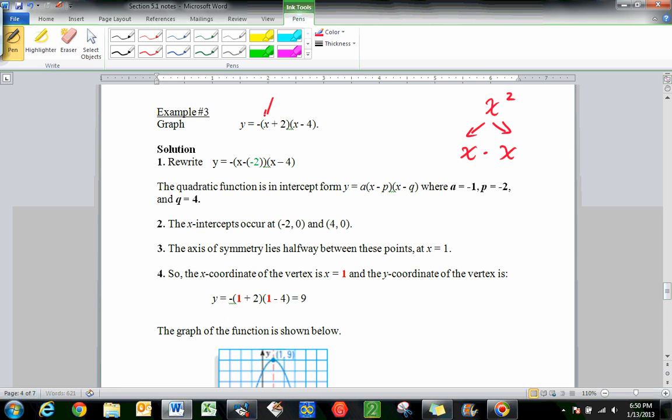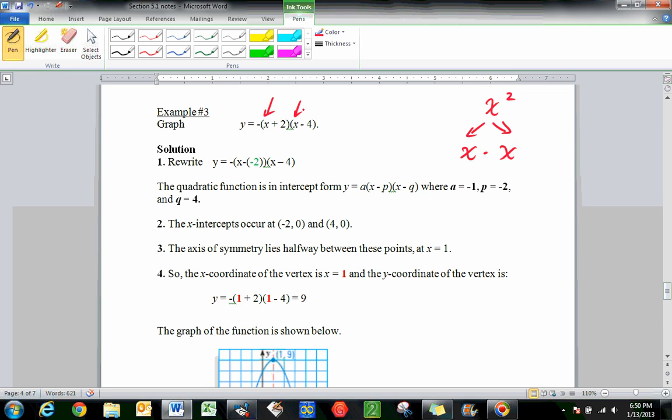So since we don't have a squared term right here, we can still recognize the fact that we have 2 x variables in our quadratic, and since those would be FOILed together at some point to create a quadratic function, we can still call this a quadratic function because of the 2 x values.